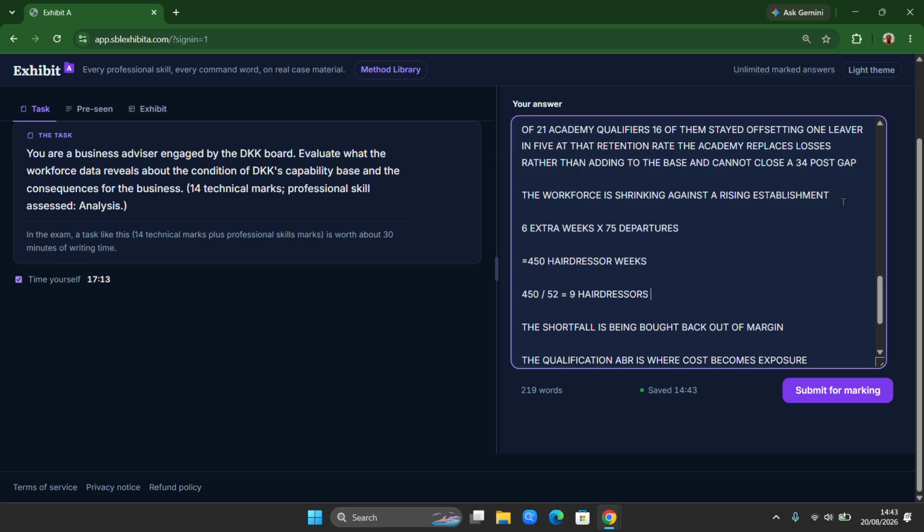So what my response to that would look like would be: the board funded 424 posts and held 390, so 8% of capacity sat empty against 4.8% a year earlier.